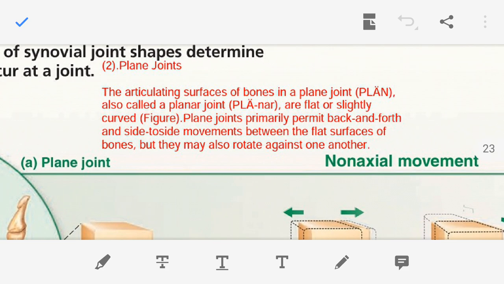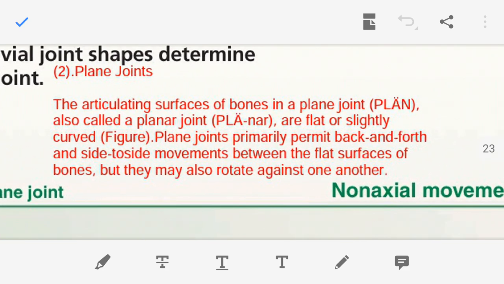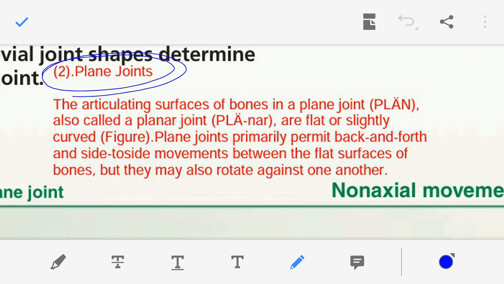Now the first type is the plane joint. Plane joints are also known as planar joints. In the plane joint, the articulating surfaces of the bones are plane, or sometimes the articulating surfaces of the bones are flat or slightly curved.